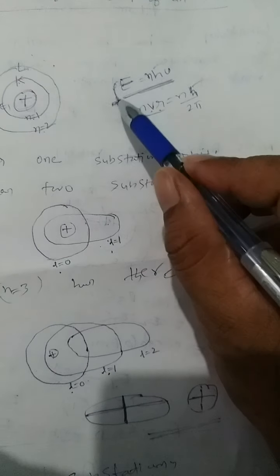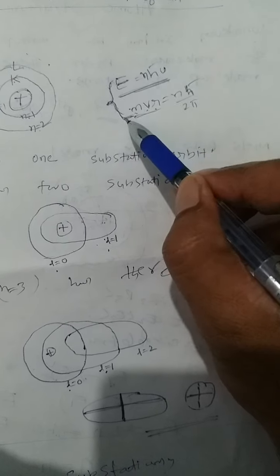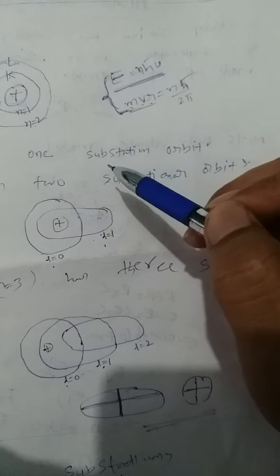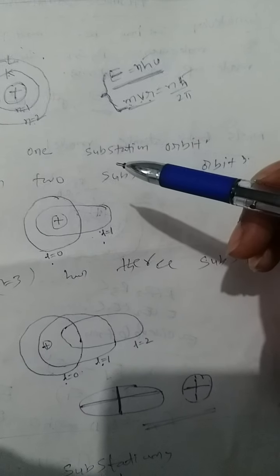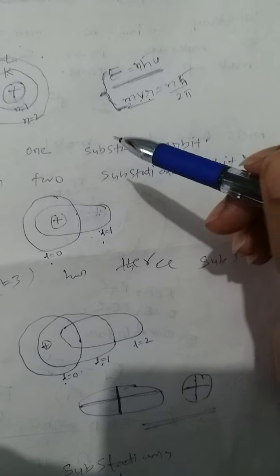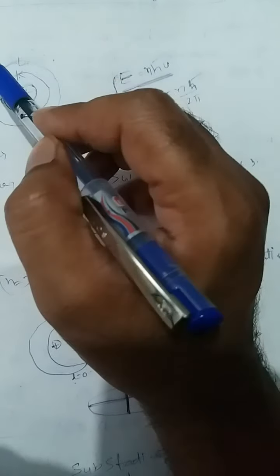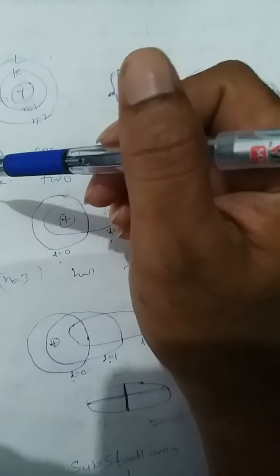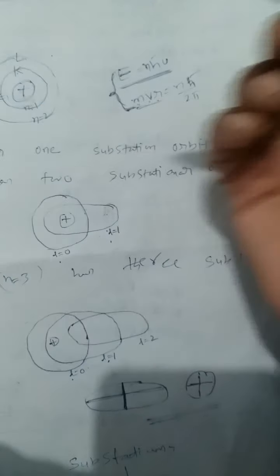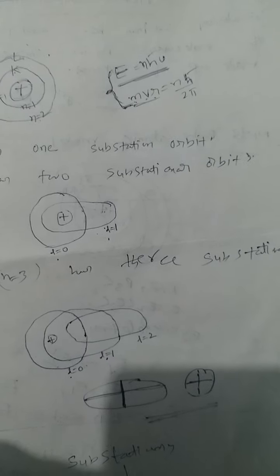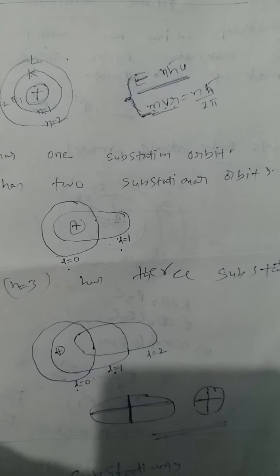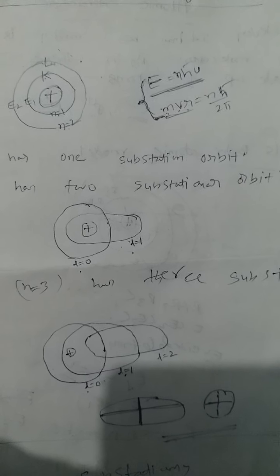To overcome the drawbacks of the Niels Bohr atomic model, Sommerfeld came forward to explain the fine splitting of atomic spectral lines.